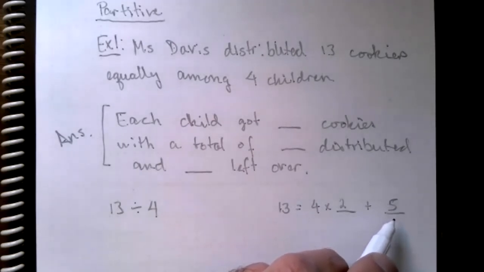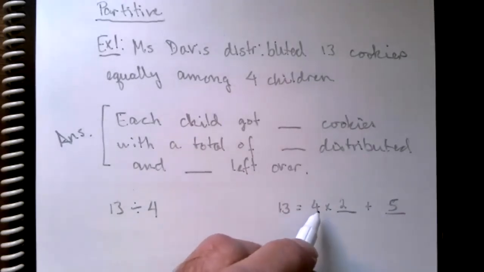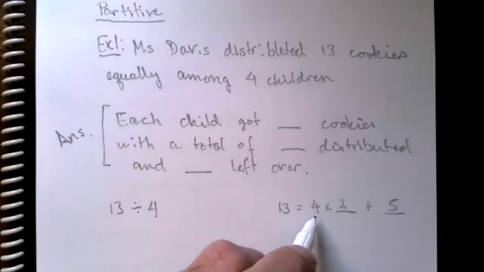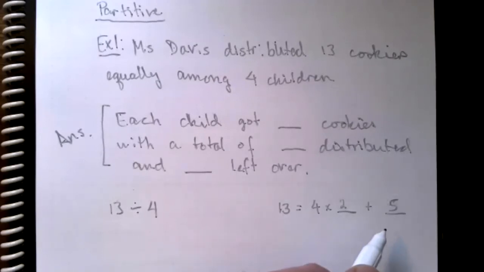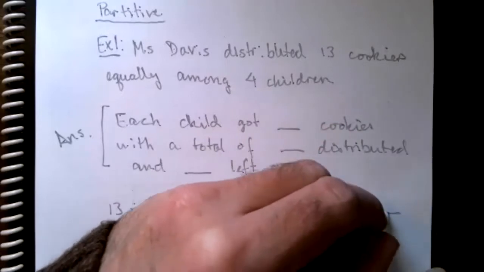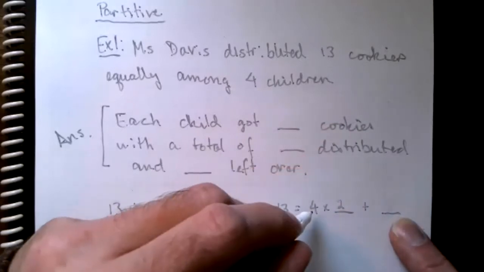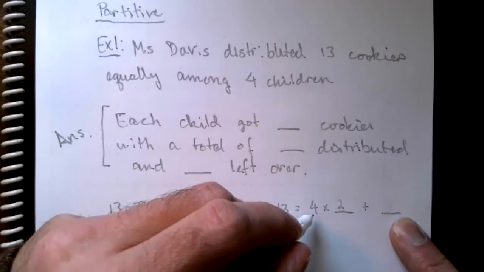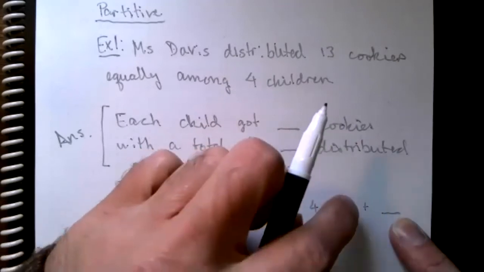The maximum leftover when we're talking about dividing by 4. 3. Right, the maximum I should have left over is 3. Okay, so there's a kind of a condition on the remainder. The remainder has to be less than the divisor.